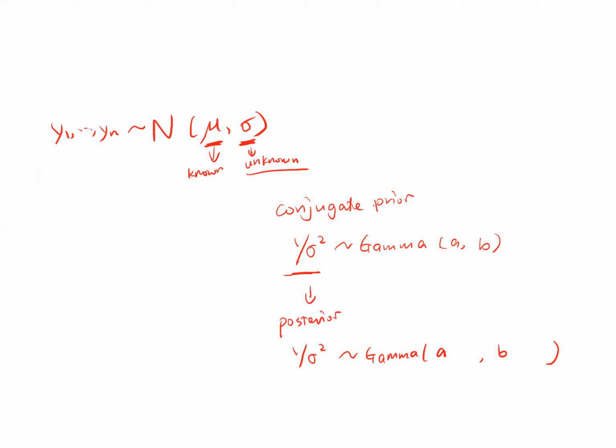I think it's gamma of A plus n over 2, and B plus one half times the sum of the squares. Yes, thank you so much. So this is the posterior. This is saying that if I want to draw this P, which we define to be precision, then I can just use R gamma. I generate a bunch of them.